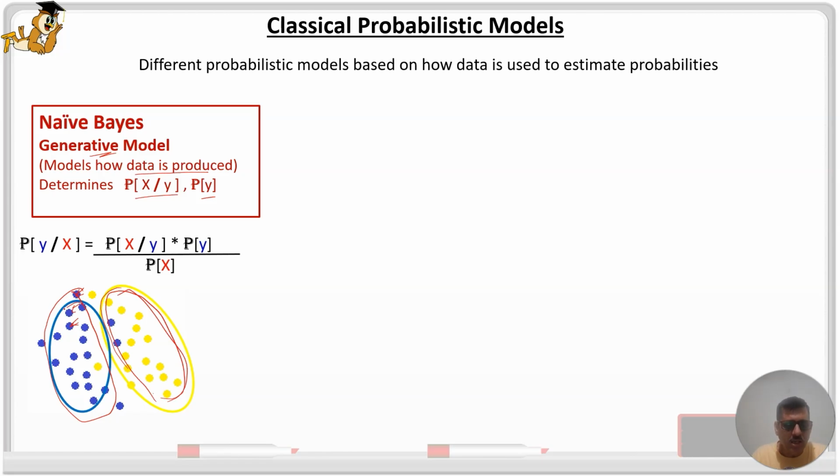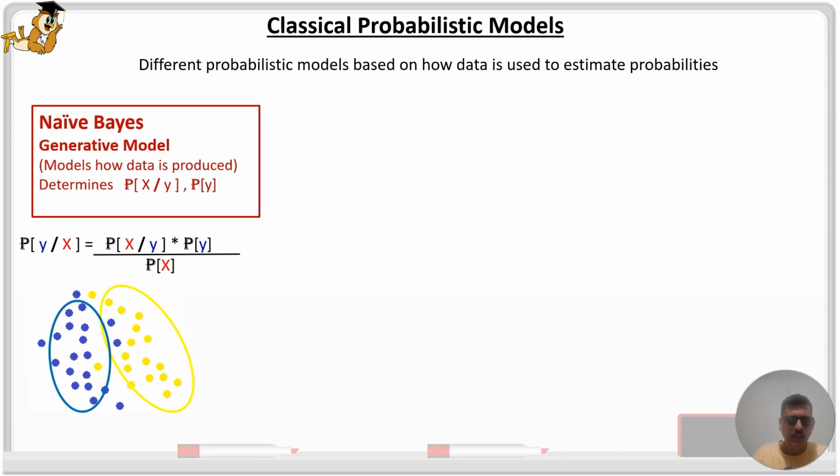So it models how this data was likely to be created. In other words, it models the distribution of X given Y. It finds the probability of X given Y, and therefore we call it a generative model.